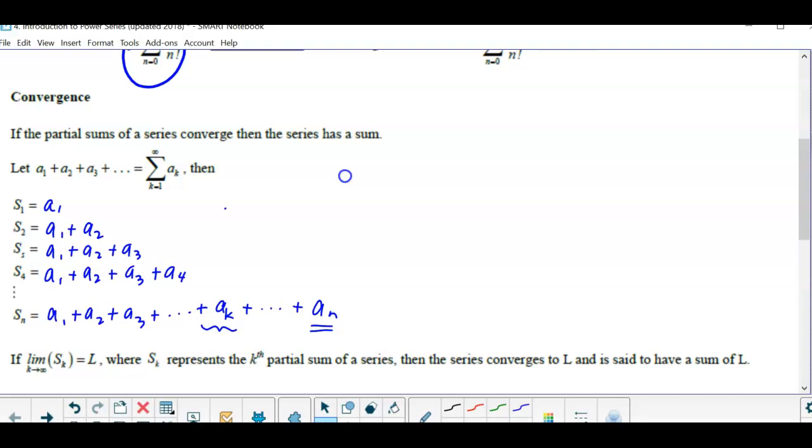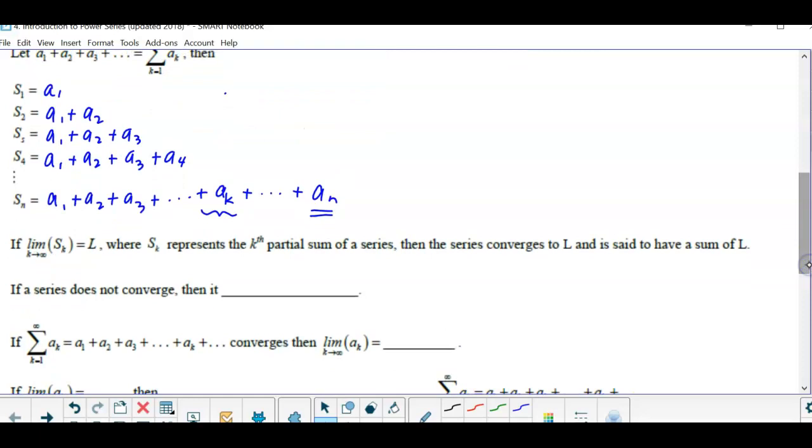So if the limit of S sub k, as k goes to infinity, equals L, where Sk represents the kth partial sum, then the series converges to L and is said to have a sum. All right. If the series did not converge, then it diverges. All right.